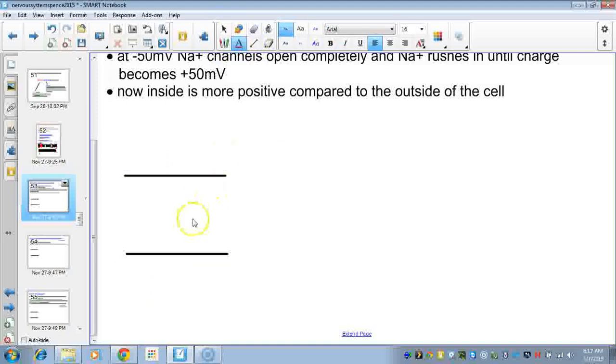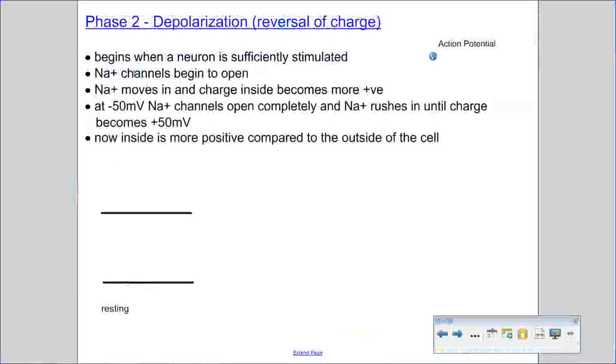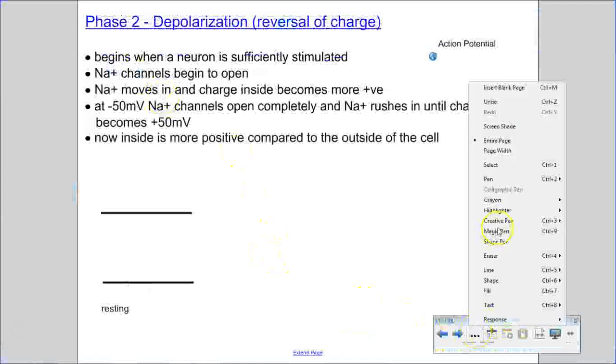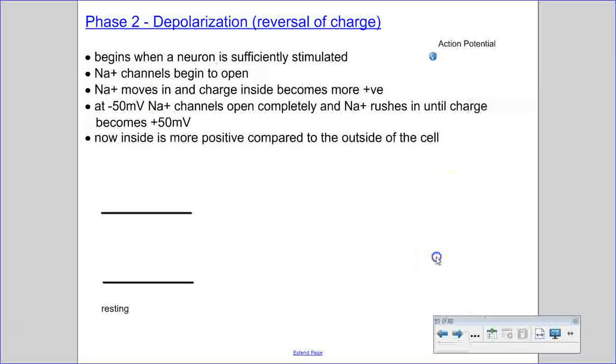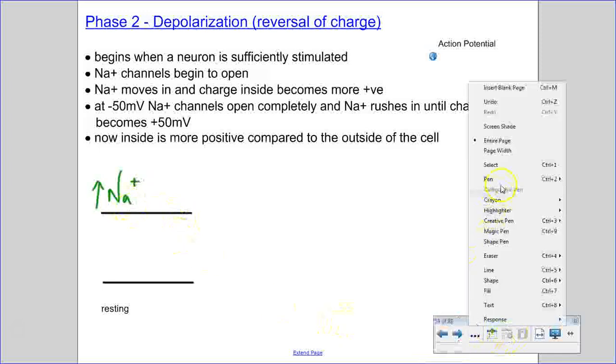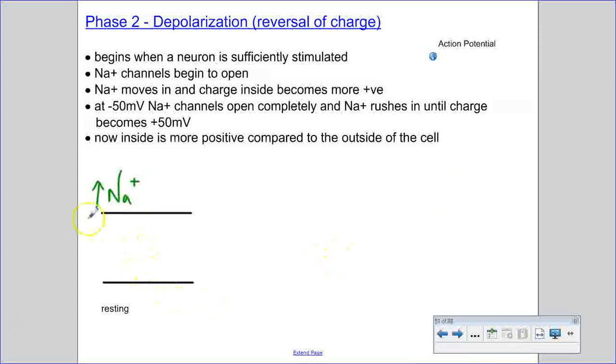So we just said that in the resting membrane of the neuron, we have lots of sodium on the outside and lots of potassium on the inside.